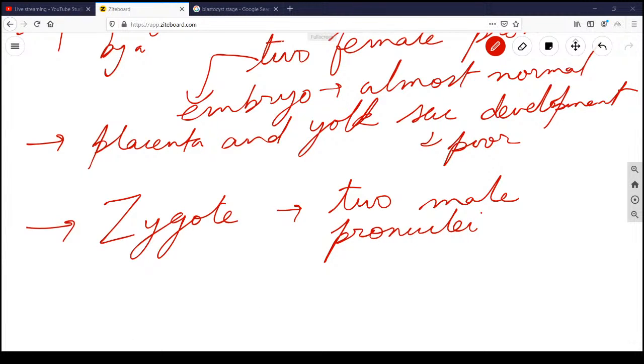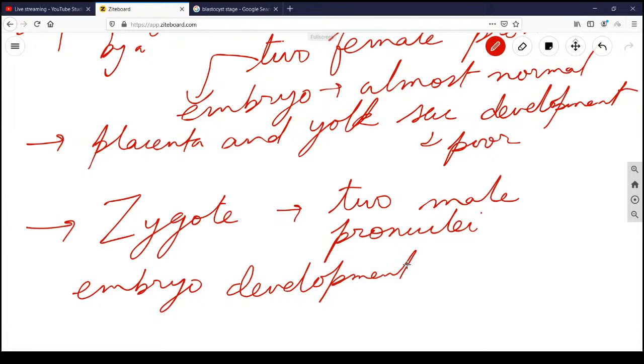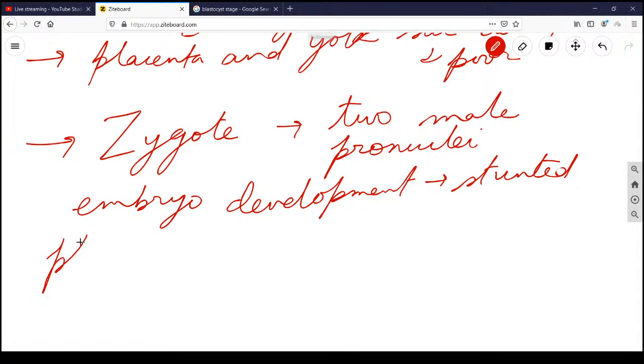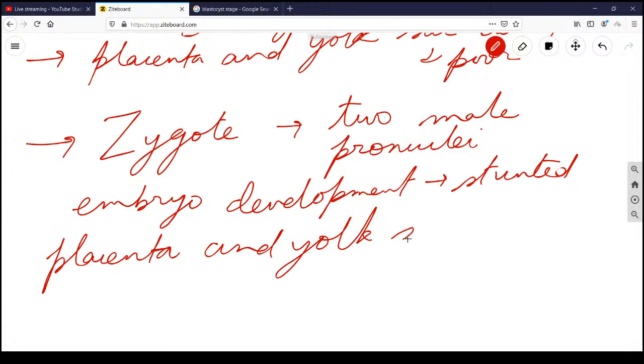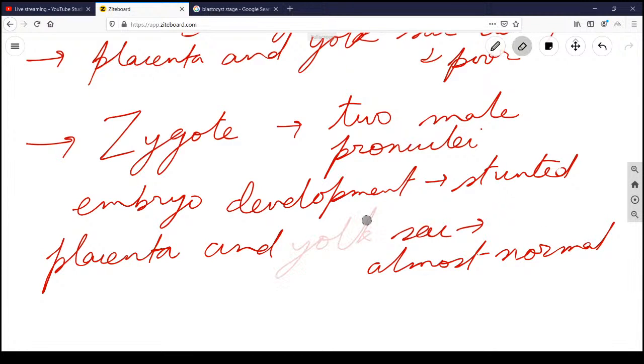Here the embryo growth is stunted. Embryo development is just the opposite, stunted or abnormal, but the placenta and yolk sac development remains fairly normal, almost normal.